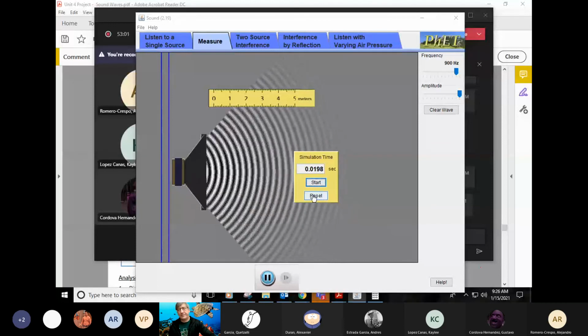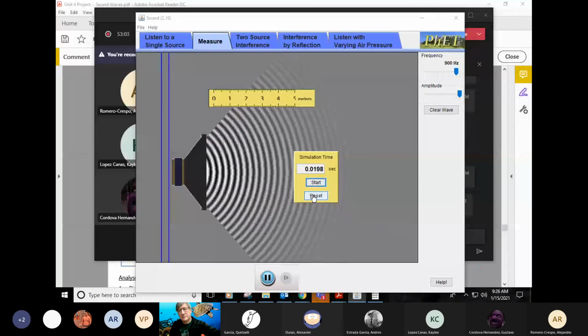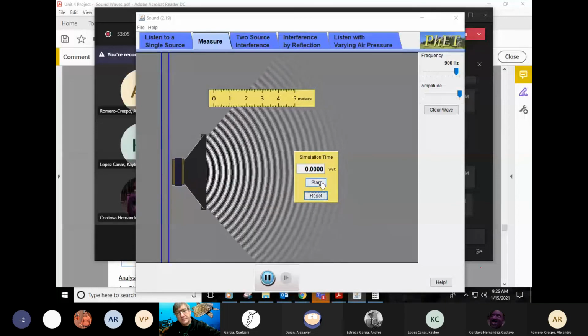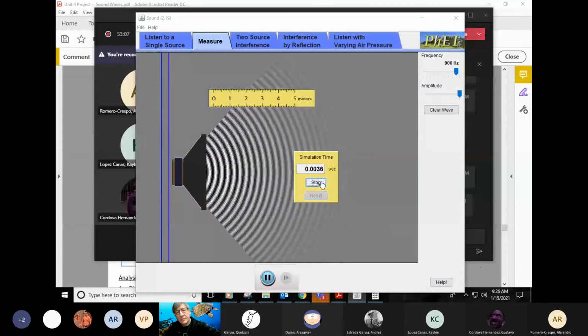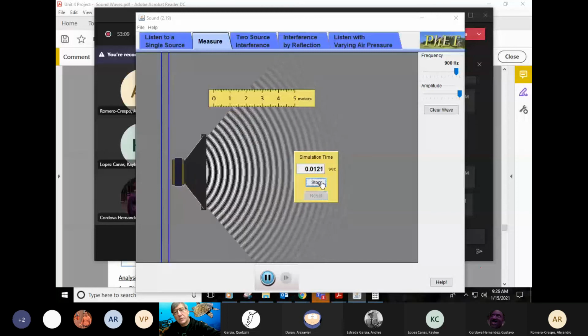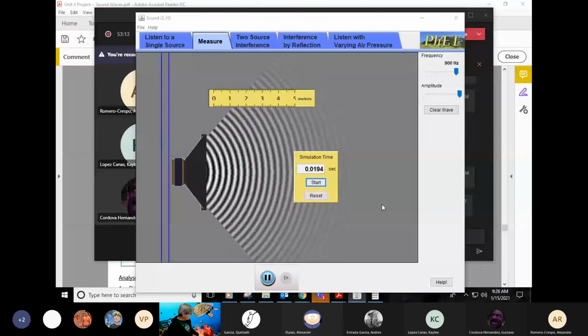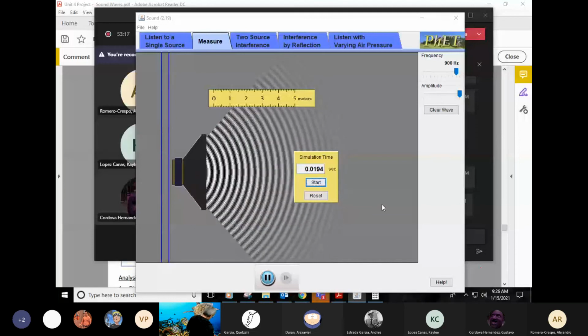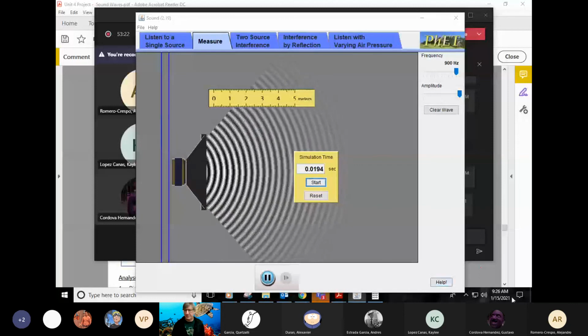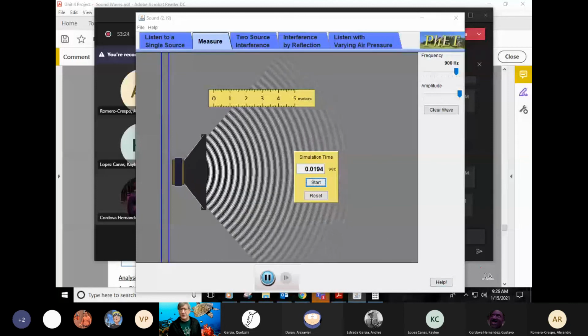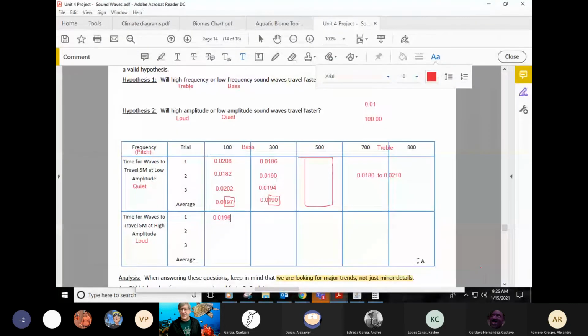And the last one. 0.0194. So find that last average down here, and your data table should be complete.